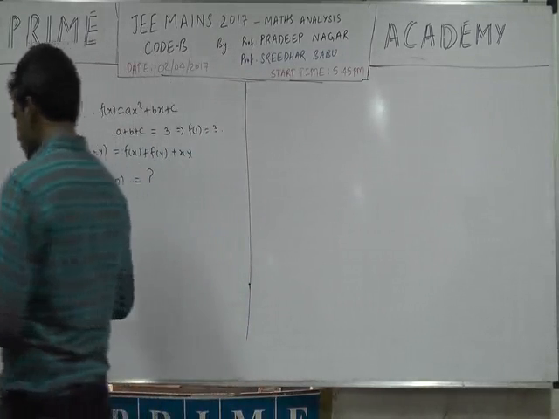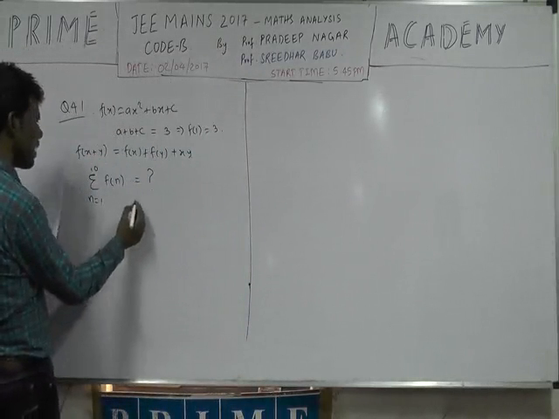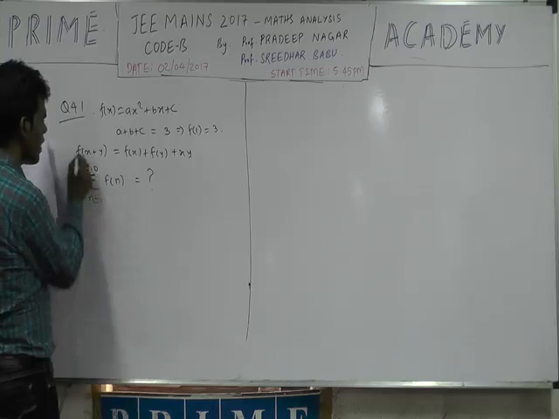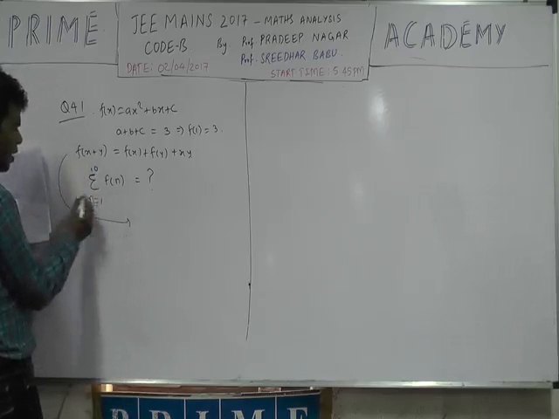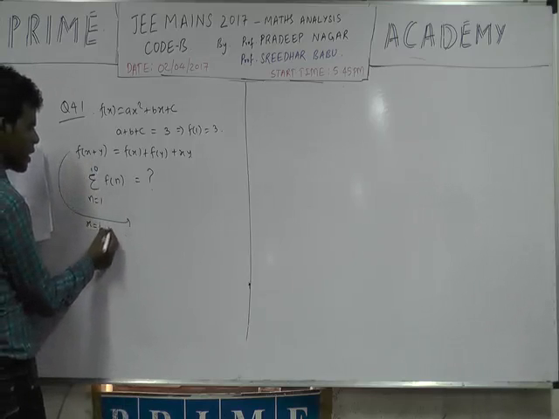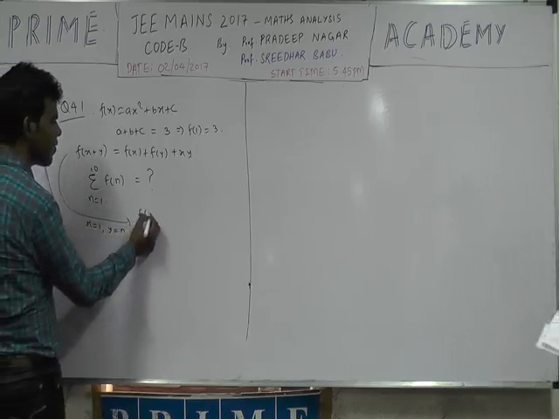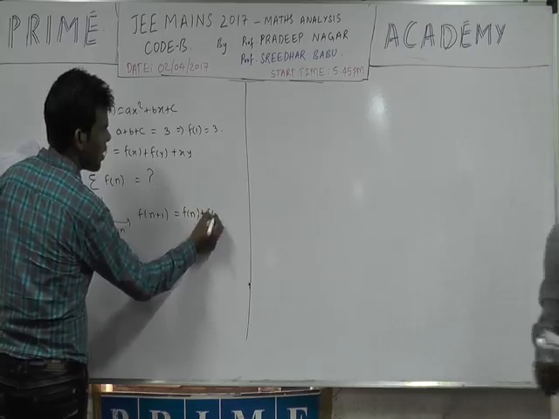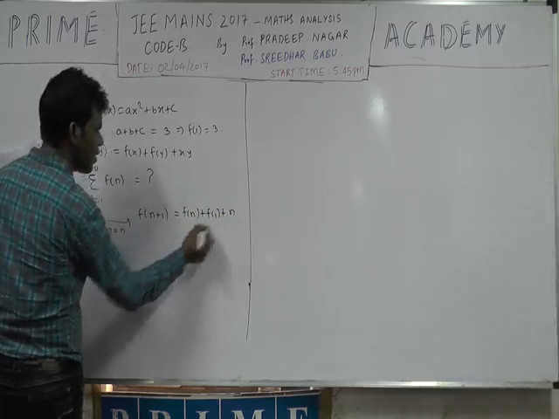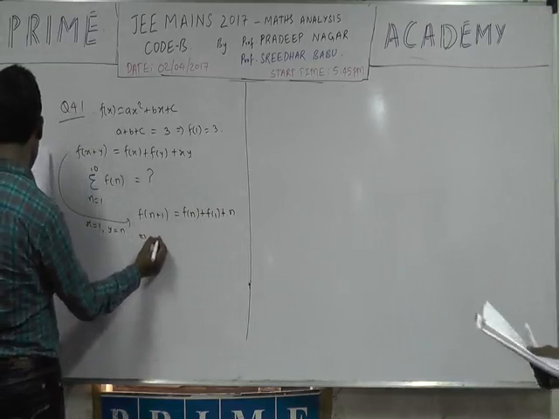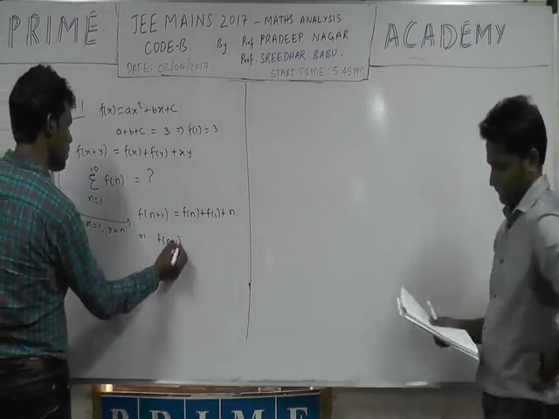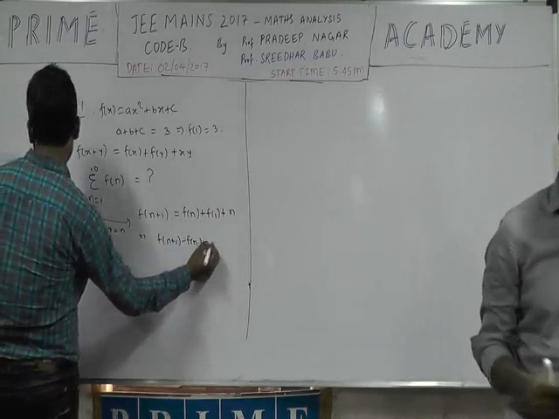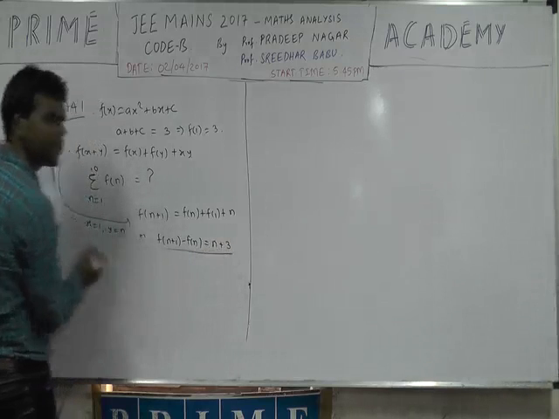So in this case, you can say that f of 1 is 3, and if in this we put x equal to 1 and y equal to n, then we get that f of n plus 1 is equal to f of n plus f of 1 plus n. That will give us that f of n plus 1 minus f of n is n plus 3.